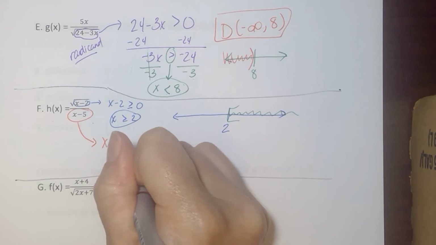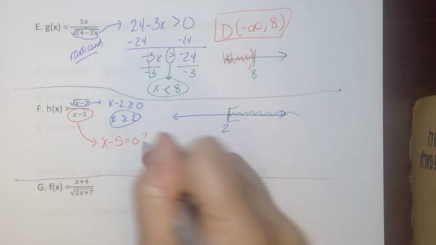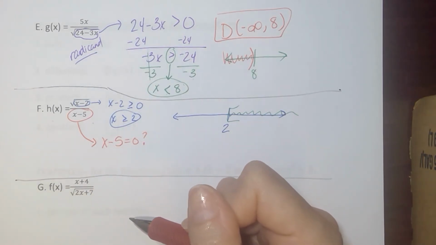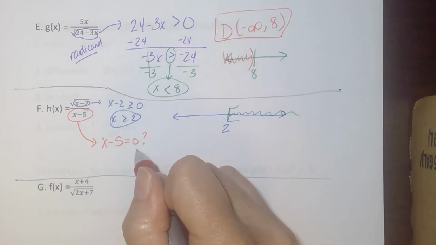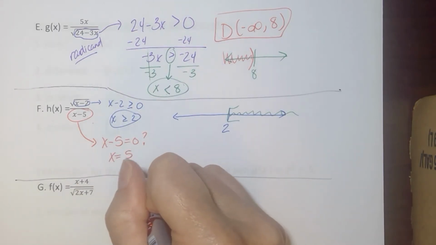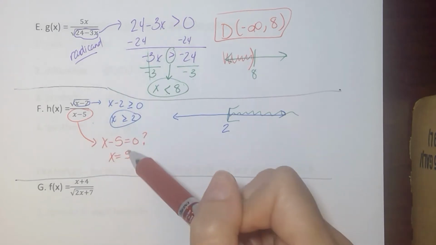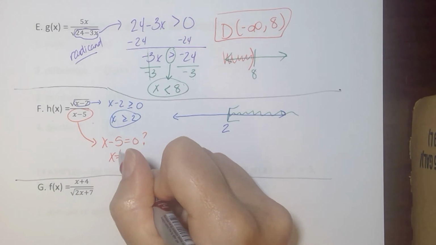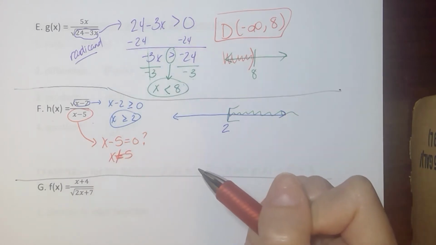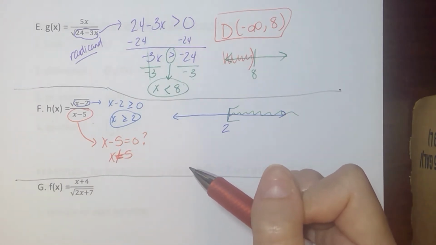Well, what would make that denominator equal to 0? What would cause me to have a problem? If I solve that to see what would make it equal to 0, I get x minus 5 equals 0, or x equals 5. If x is 5, I have a 0 in my denominator, and that's not okay. That causes my function to be undefined.